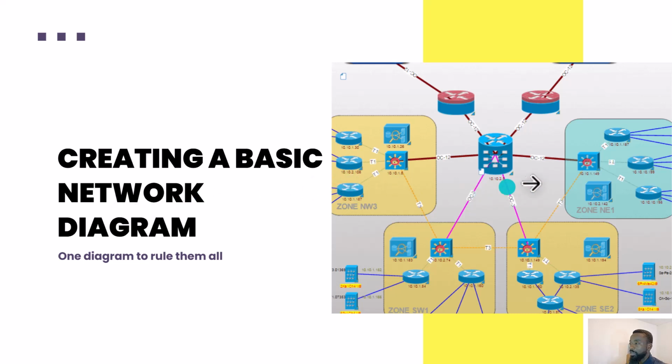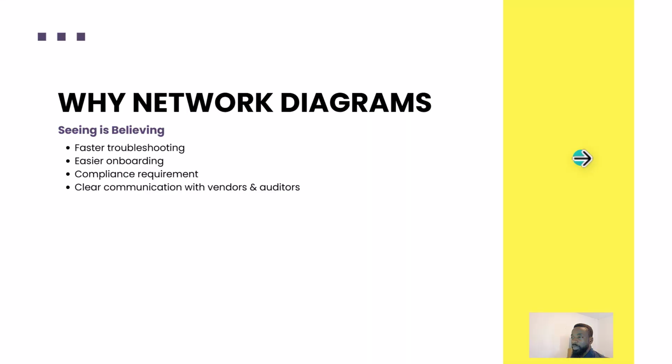So as we see on the screen, creating a basic network diagram, one diagram to rule them all, right? So we're going to go to the first slide and look at why network diagrams. Now, seeing is believing, right? It's very important to have a network diagram. It helps you with faster troubleshooting, so you know where your problem is located in your network. Another one is easier onboarding.